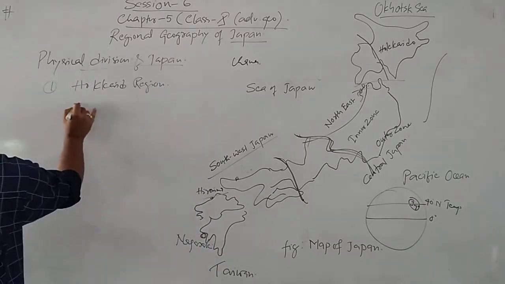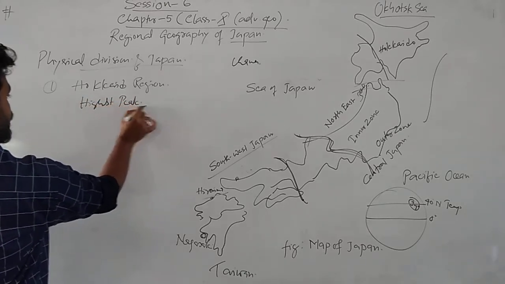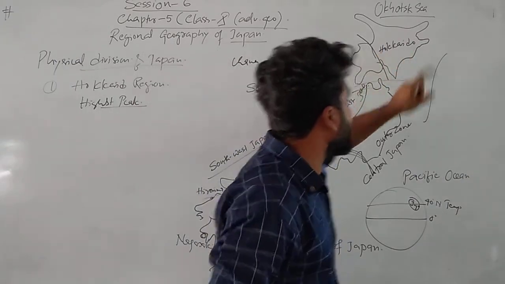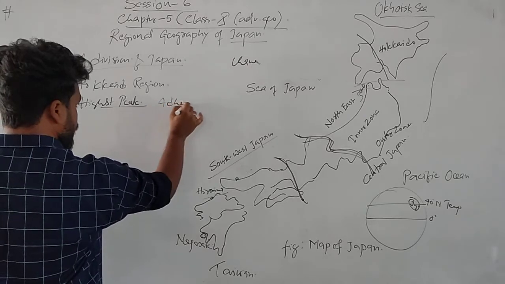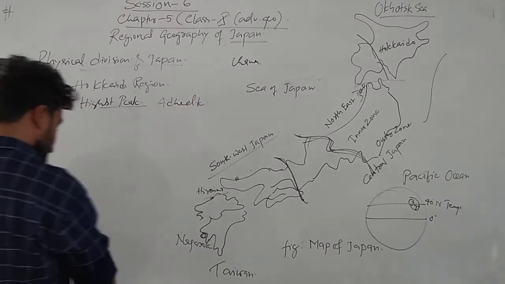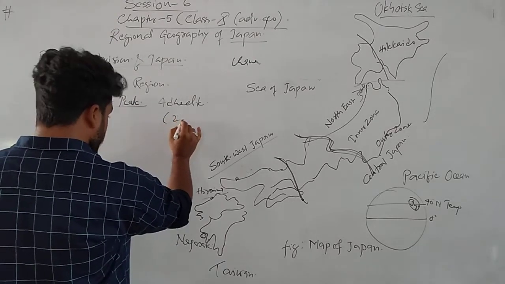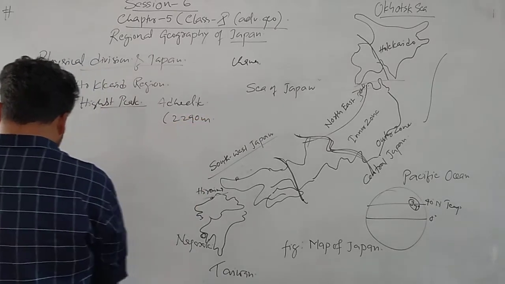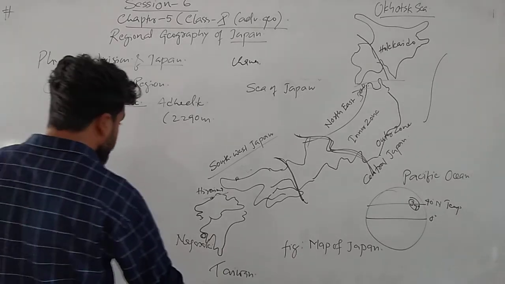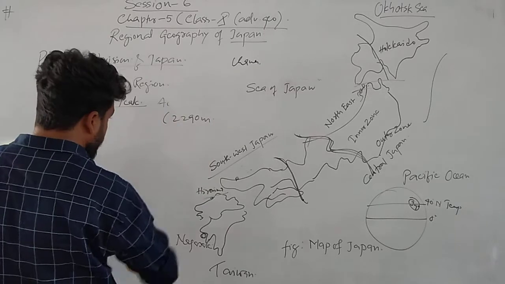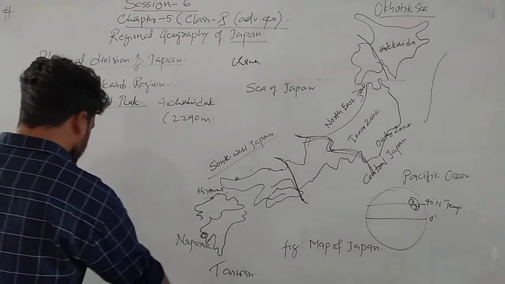In the Hokkaido region, we'll see the highest peak first. This is Hokkaido. The highest peak is Asahi Dake, the highest peak in the Hokkaido region.